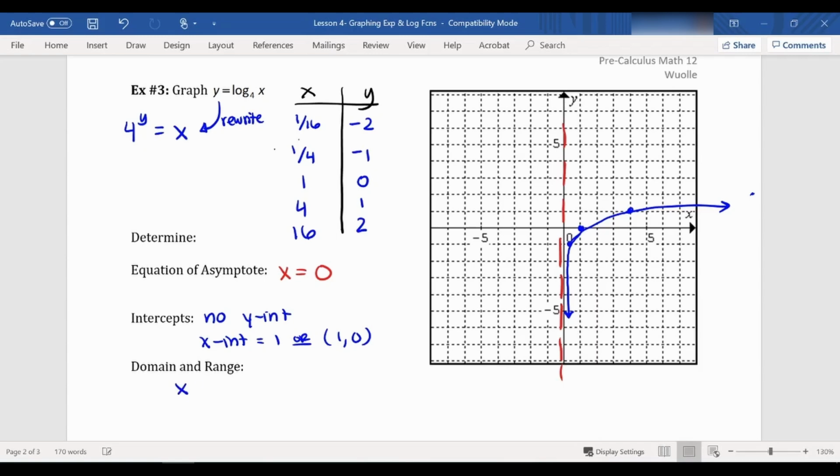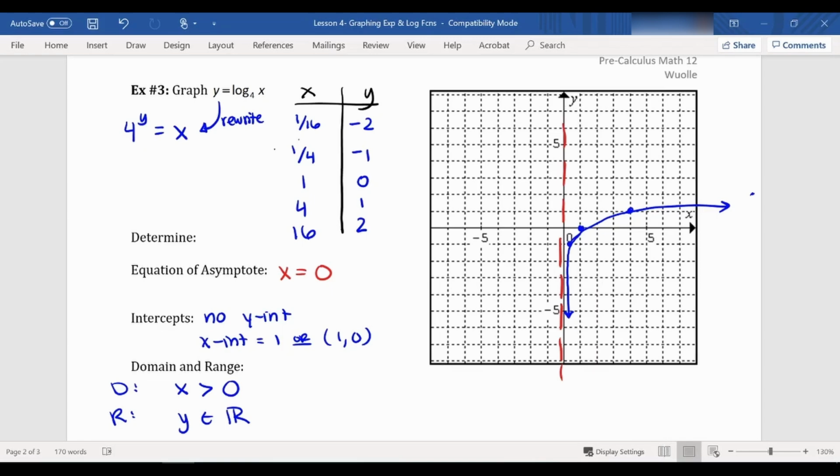My domain is x is greater than 0, and my range is y can be all real numbers. Notice this is backwards from your exponentials. Your exponential function had no x-intercept and the y-intercept was 1. Because this is an inverse, these swap. We now have no y-intercept, and the x-intercept is 1.